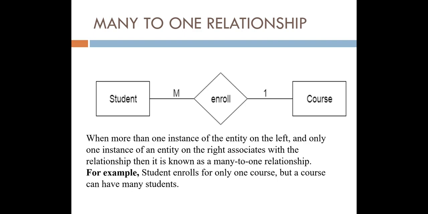Here we have taken the example of student and course. Many students can be enrolled in one course or one branch or one department. So a many-to-one relationship is established. Here student and course are the two entities, and they are associated with the relationship enrolled. Many students can be enrolled in one course, so it is an example of a many-to-one relationship.